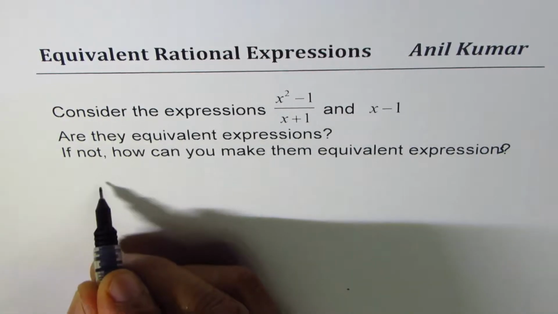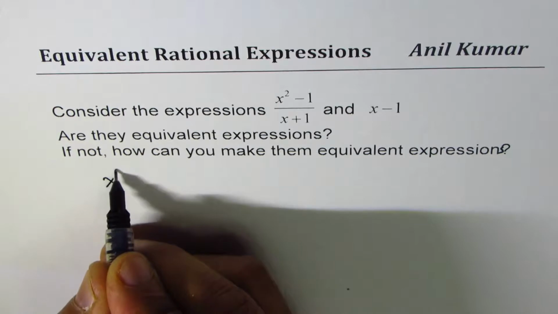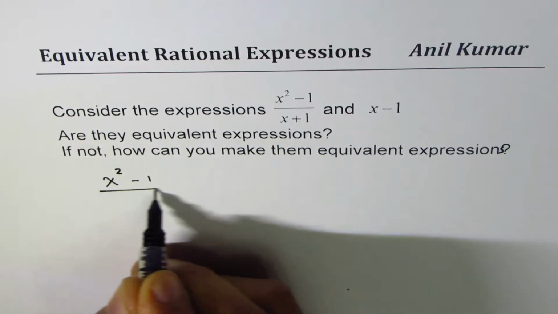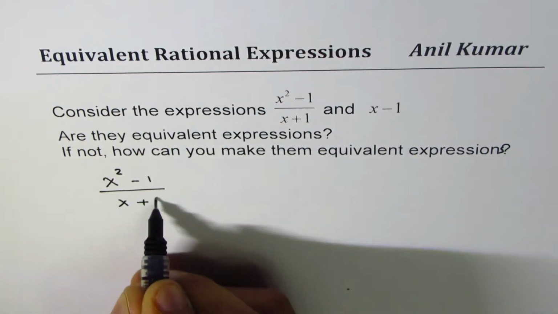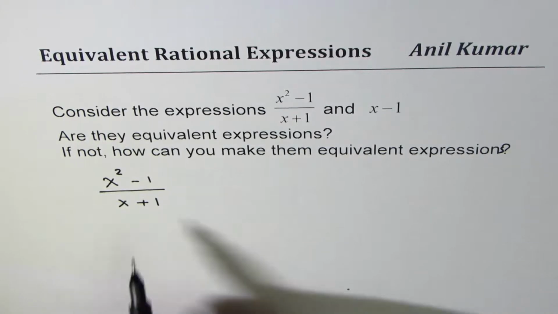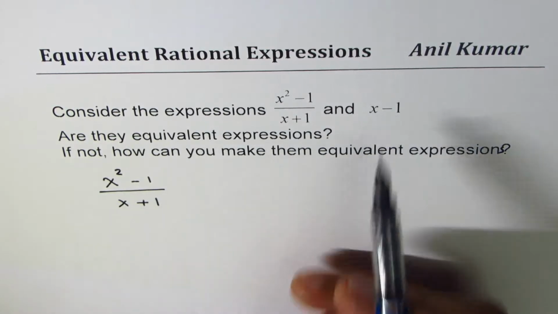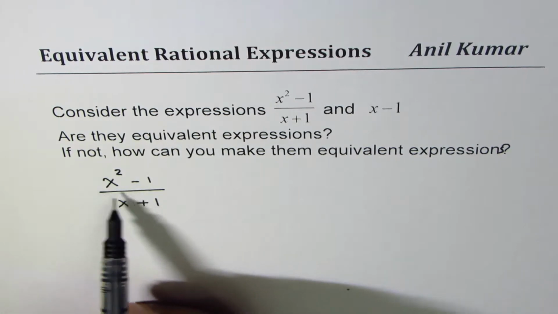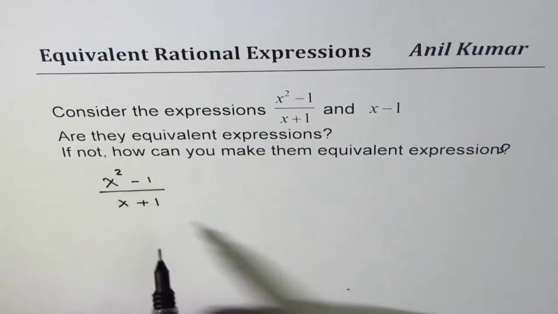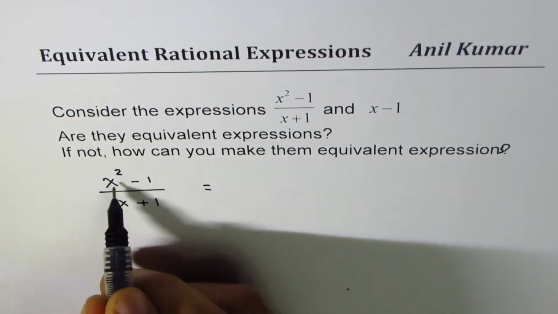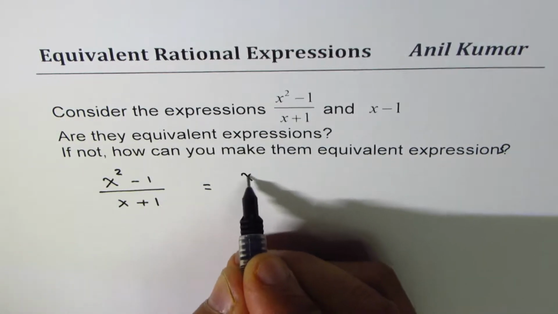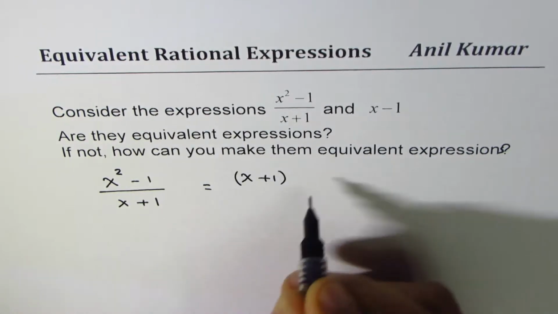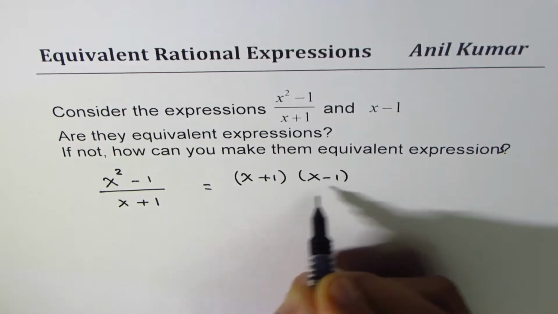So let's begin with the expression given to us, which is (x squared minus 1) over (x plus 1). First, let's figure out how it is related to x minus 1. Well, if I factor the numerator, what do I get? Difference of squares. I could write this as (x plus 1) times (x minus 1), right?